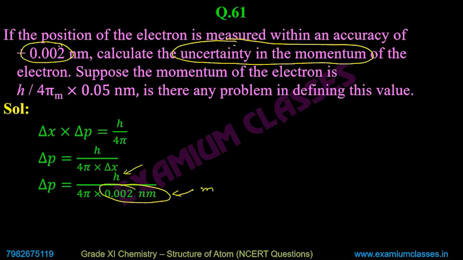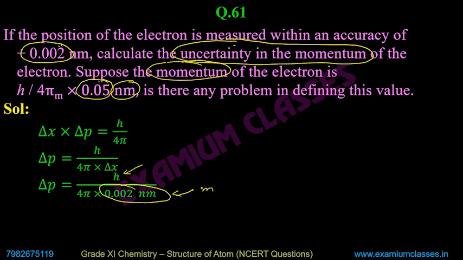Now come to the second part, and the second part is very confusing. Basically, this question has not been written correctly in NCERT. It looks like the 0.05 nanometer, this 0.05, is probably in the numerator, and nanometer looks like the unit of momentum.